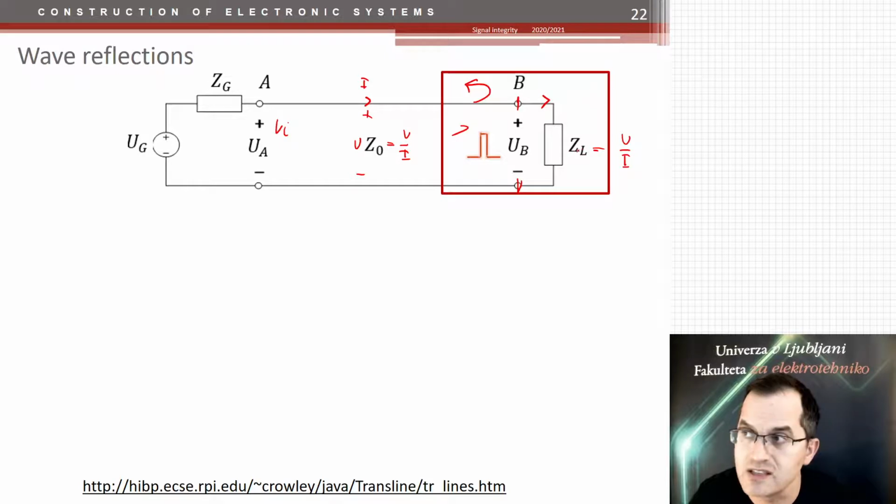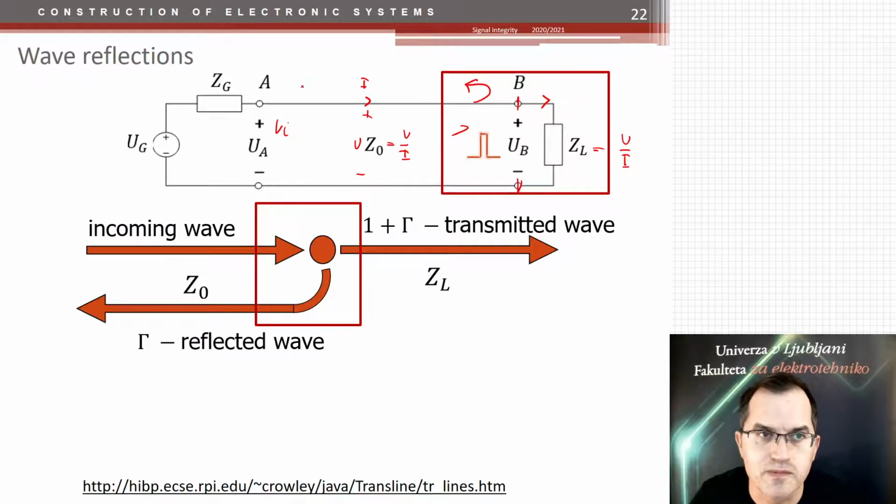And if that one is different, we have a discontinuity. A part of the current has to flow back, or part of the voltage has to be reflected back, so that these two equations would still hold. And this is called reflection. So we have an incoming wave here, we have a reflection, and we have the transmission.